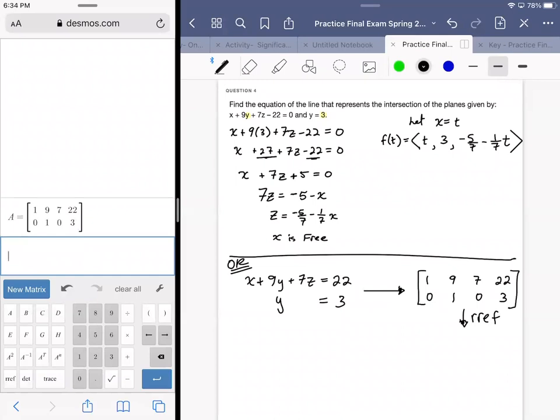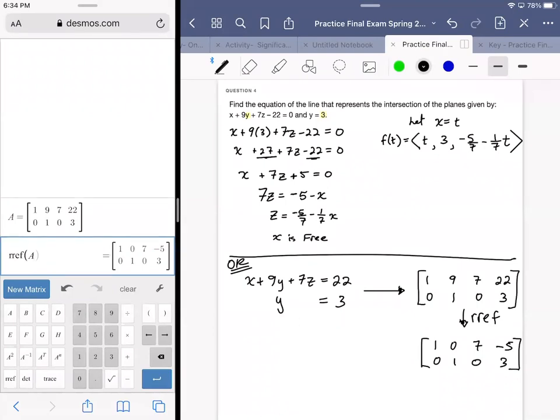And then we apply the RREF on matrix A, and we get 1, 0, 7, -5, 0, 1, 0, 3. Nothing new in the second column because we already knew what y was equal to.